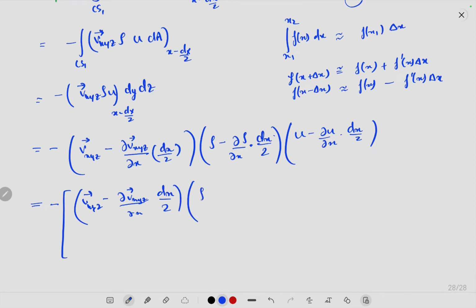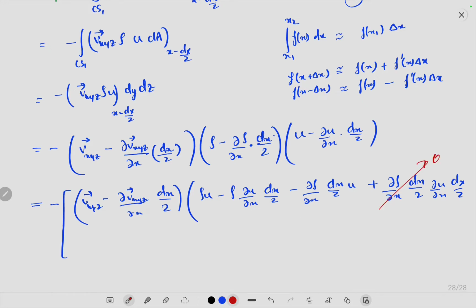Let's multiply this with this, so this gives you rho u minus rho del u by del x dx by 2 minus del rho by del x dx by 2 times u plus del rho by del x dx by 2 times del u by del x dx by 2, and this can be neglected since del rho by del x and del u by del x, these variations will be smaller as compared to these variations, so we can neglect this term. So this will become like this.